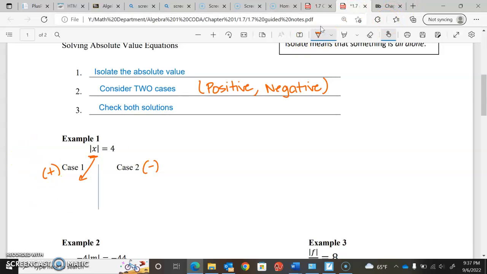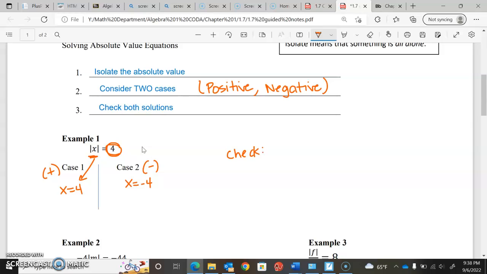So the first one would be the positive 4, and the second one would be a negative 4. You take whatever's on the right-hand side there. One is positive, one is negative. So there's our two solutions, but let's check.